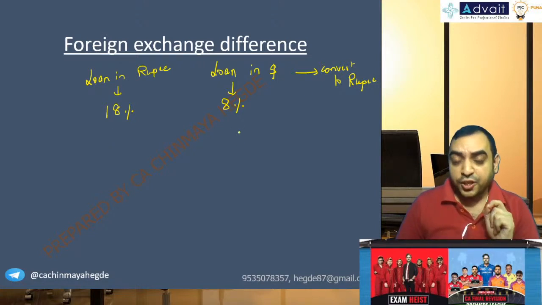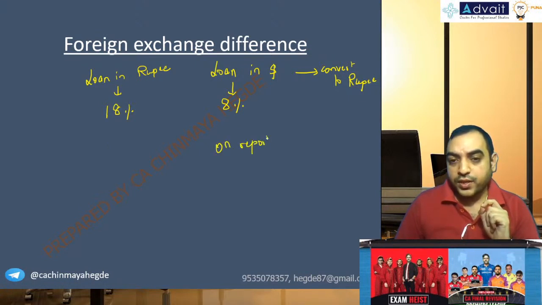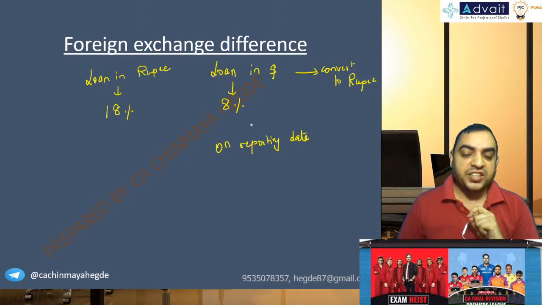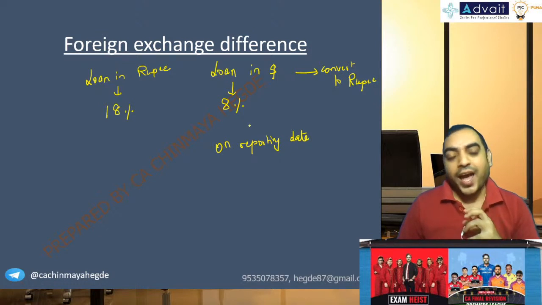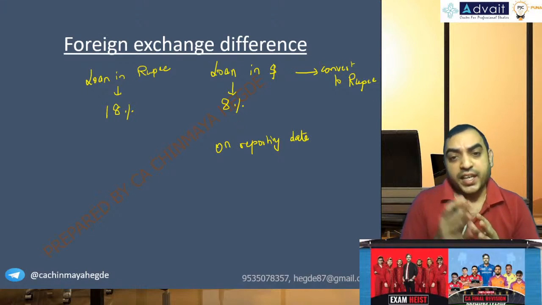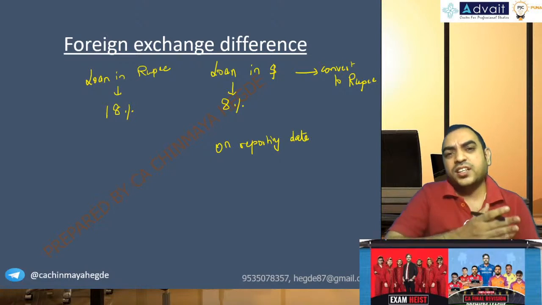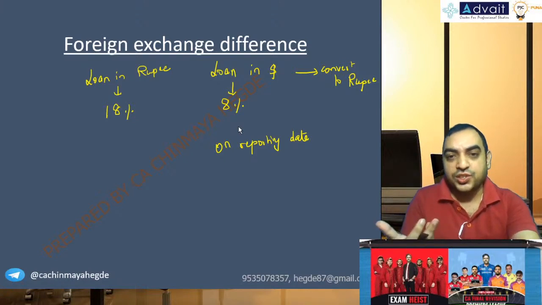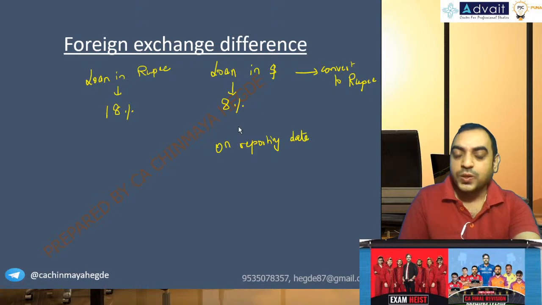Now, at the end of the year or on the reporting date, as per AS 11 as well as Ind AS 21, the effect of changes in foreign exchange rates, you have to reassess the monetary items, which is the loan. Whatever the closing rate as on the year end date, you have to adjust for it as foreign exchange gain or foreign exchange loss.